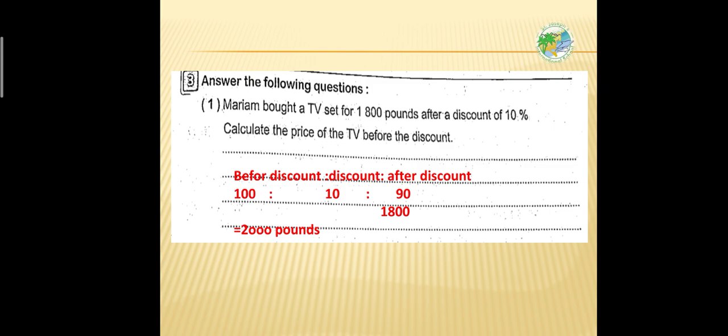Of course before discount is 100%, الديسكاونت 10%, لكن after discount is 90%. طيب the price of the TV after discount is 1,800, then before discount by cross multiplication equals 2,000 pounds.